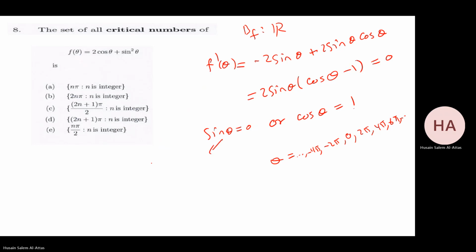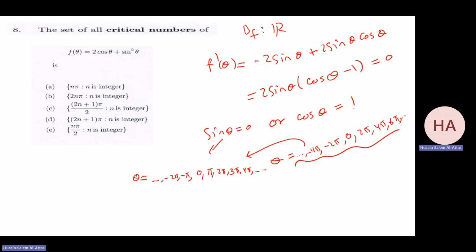This one, theta is 0, pi, 2 pi, 3 pi, 4 pi, and so on, and minus pi, minus 2 pi, so on. So this thing's included here.